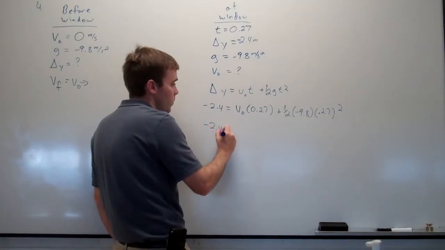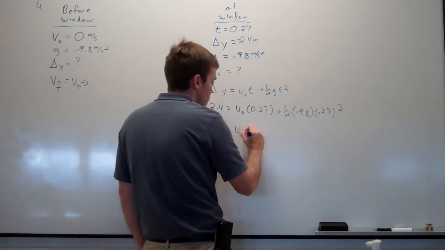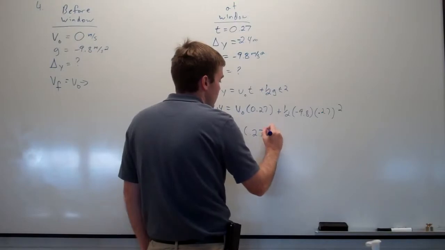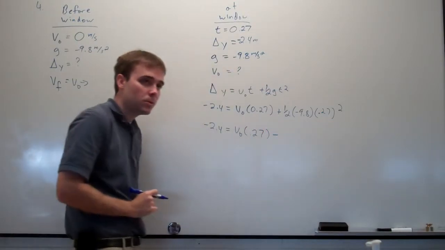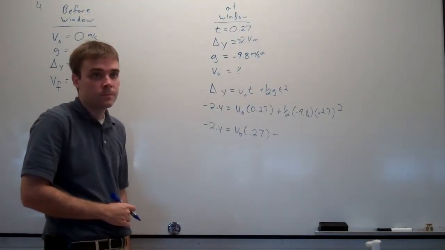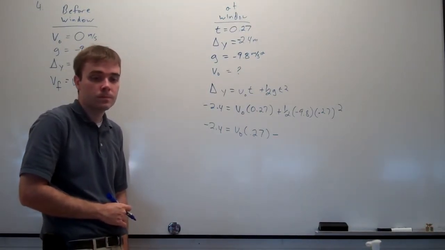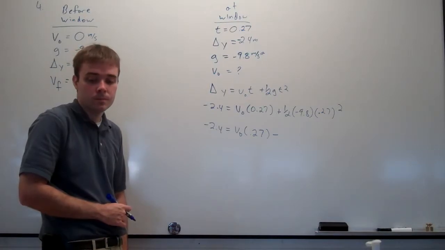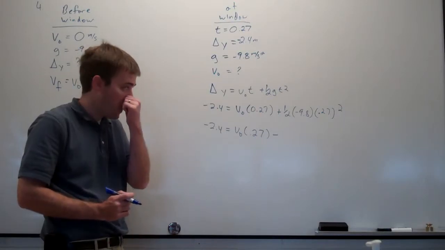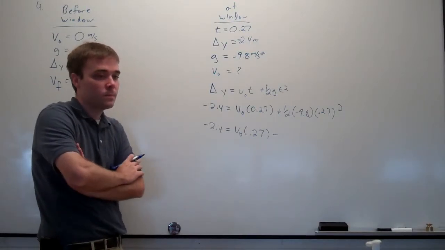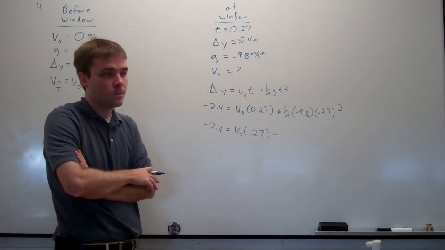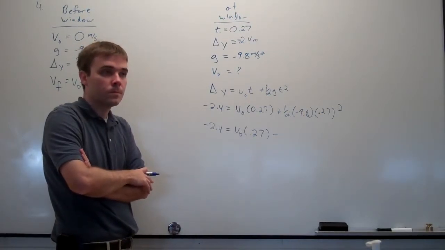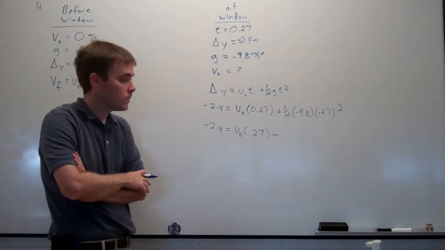Negative 2.4 equals v0 times 0.27 minus, what's that equal to over there? Negative 0.357.